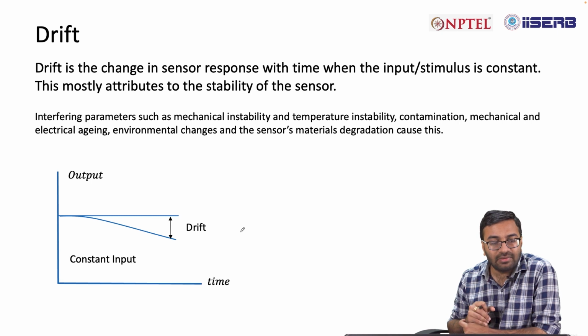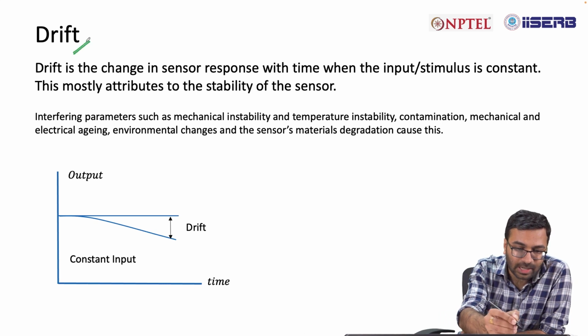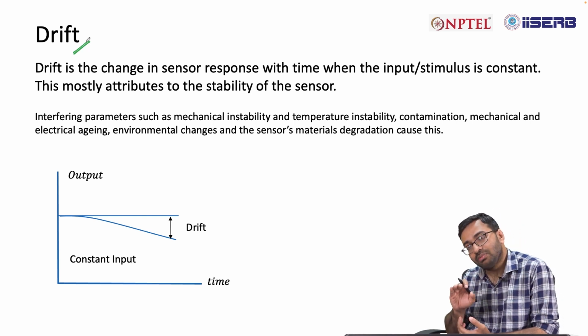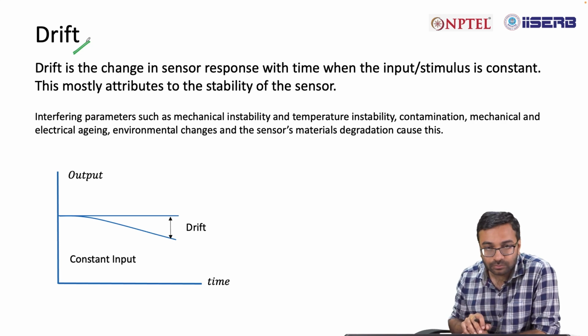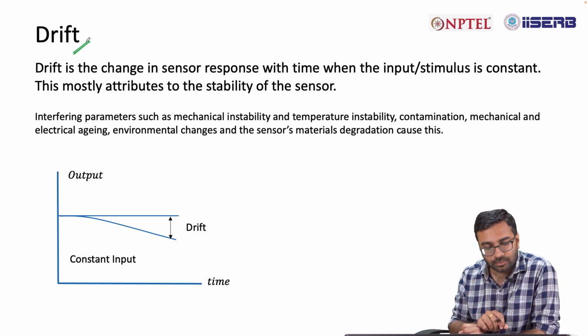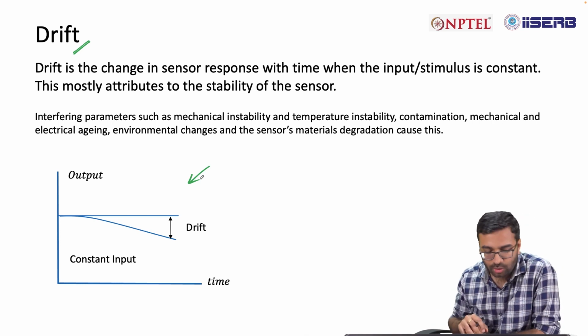Then there is another very important parameter which is known as drift. So, drift is a parameter which defines how your sensor response changes with respect to time. Okay. To make the discussion clearer, I have shown a plot over here.